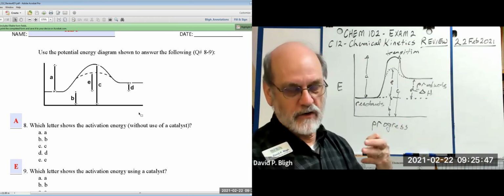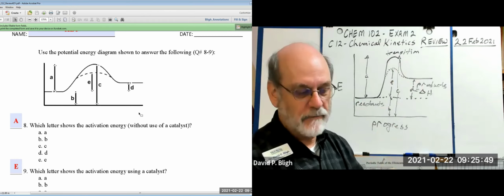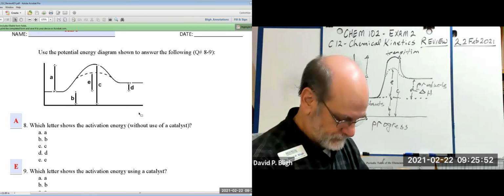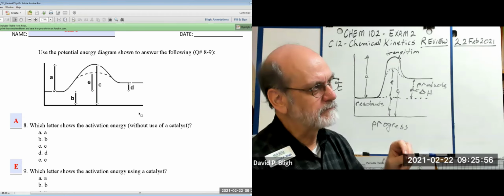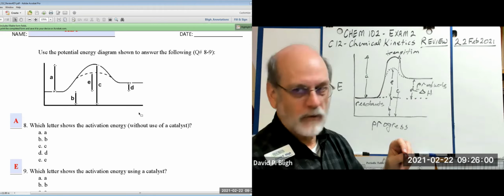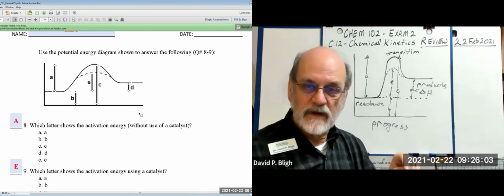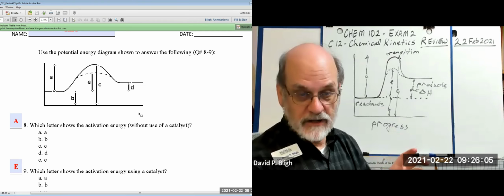It's an average energy, a weighted average. It's a root mean square average energy.